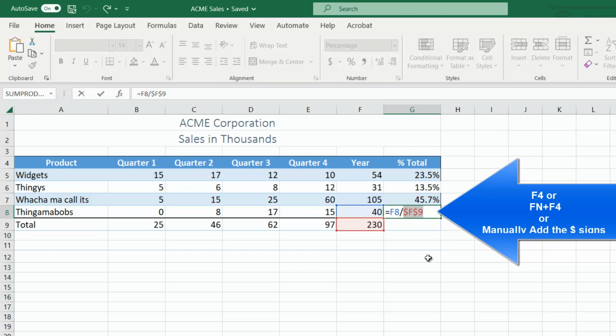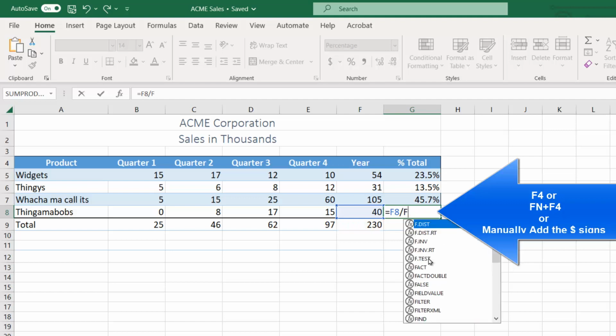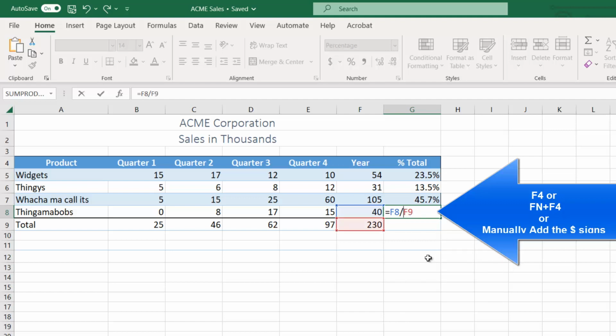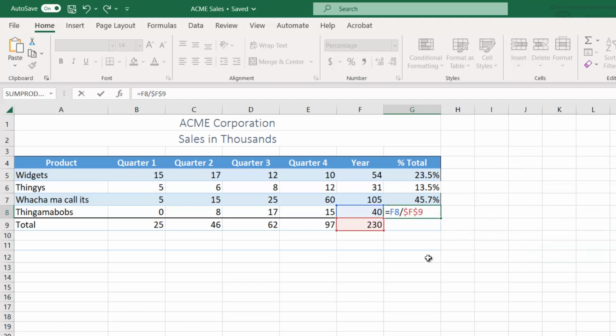And once again, you can get an absolute cell reference by hitting function key 4 or just putting the $ signs in yourself. So right here, if I had F9, I can hit F4 one time and it adds the $ signs. But I could have just edited it manually. I could add the $ signs. Now, you wouldn't be doing that down here.